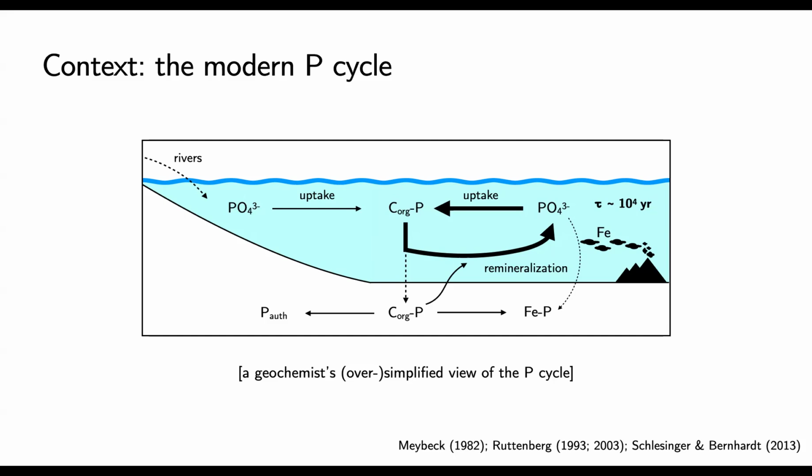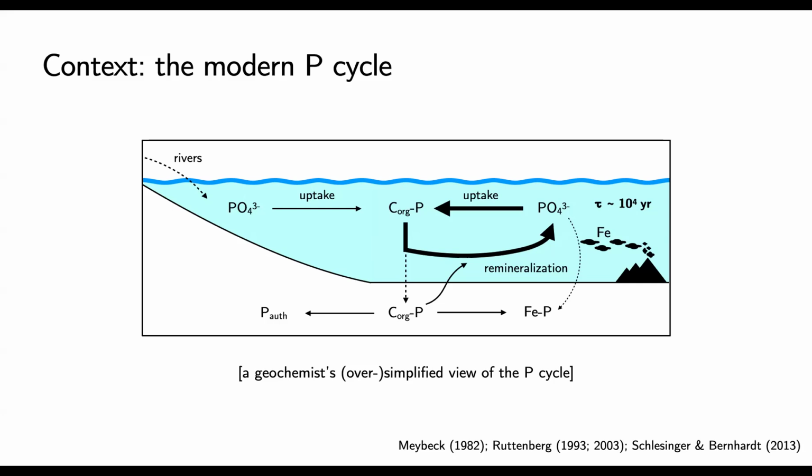And what this does is basically extend the residence time of phosphorus. So here shown on the top, we estimate this on the order of a few tens of thousands of years, and it allows us to recycle one phosphate molecule multiple times through the biosphere before it's ultimately buried. So that's why these mineralization and uptake arrows are so much thicker.